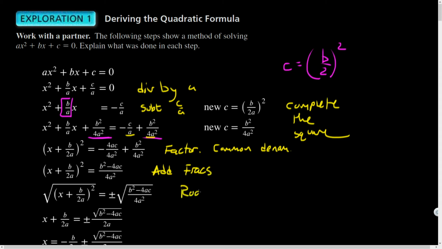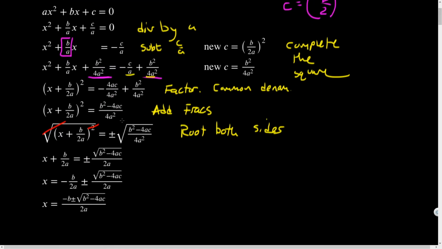Root both sides is what happened next. And then when I root this side, the square and the square root cancel out. Notice also when I root both sides, I have to remember plus or minus. That's the classic. And then here on the right side, it looks like I distributed the root over the fraction.